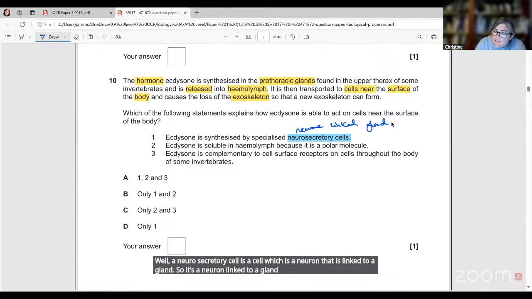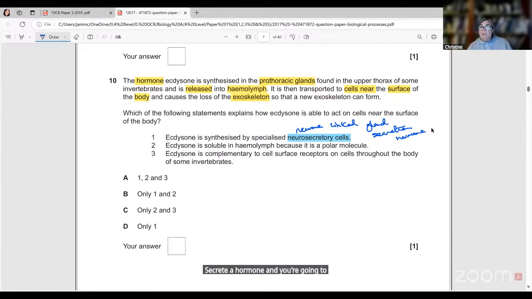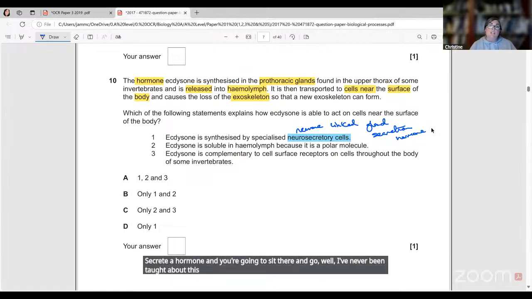And that neuron that's linked to the gland is going to result in the secretion. Instead of a neurotransmitter, what's going to happen is this is going to secrete a hormone. And you're going to sit there and go, well, I've never been taught about this. My teacher hasn't mentioned this at all. So therefore, I am not in a good place when it comes to this topic area.